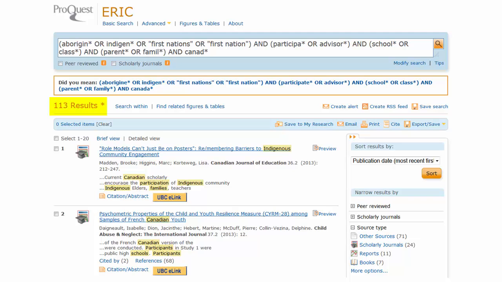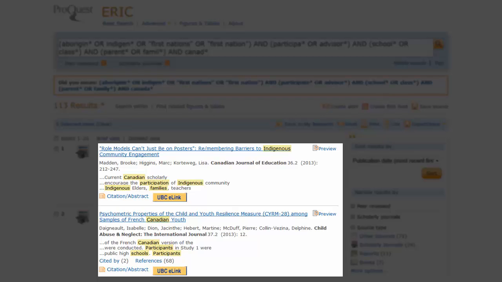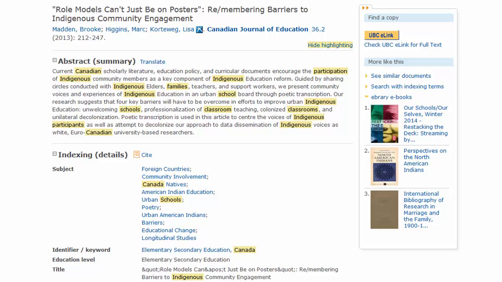Note that there are 113 articles in ERIC that are described with our search terms. Our search terms are highlighted in yellow. We can see other great search terms, ones that we didn't use yet, in the descriptors. When we click into an article, we notice that neither the term Aboriginal or First Nations shows up in the description.